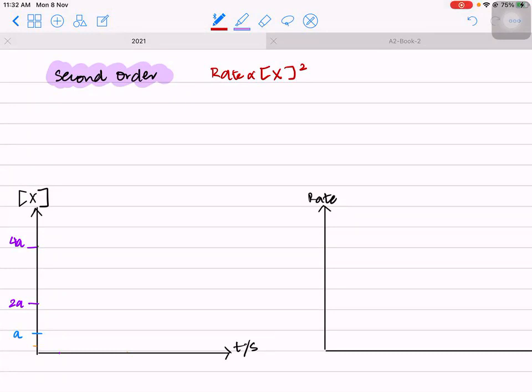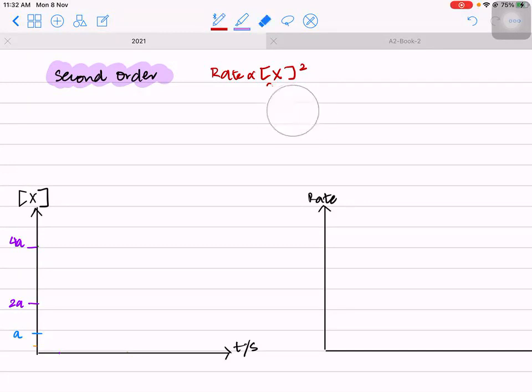For example, if I make my concentration from 1 to 2, my rate will increase by square of 2, that is 4. So your rate will be 4 times more than the change in concentration. That's what second order means. If I increase the concentration by 3, the rate will increase by 9 times. That's what second order means.